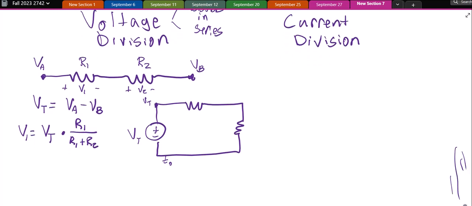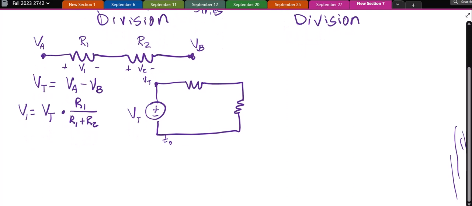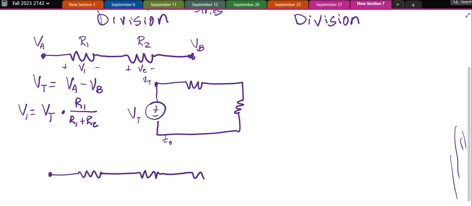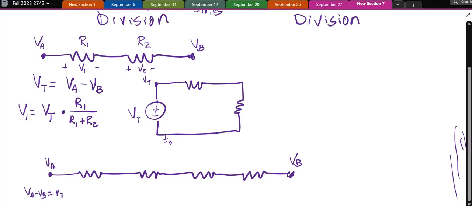Now, it doesn't have to be just two resistors. I could have more resistors, so let me show you how that would work. Let's say I have VA and VB, and VA minus VB is V total, and this is R1, R2, R3, R4.